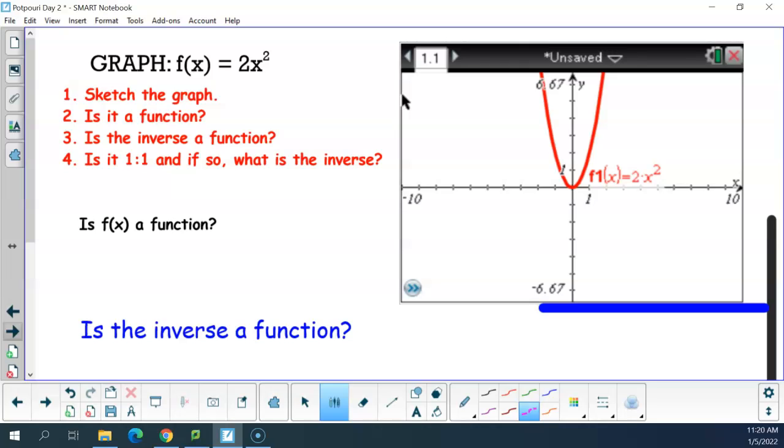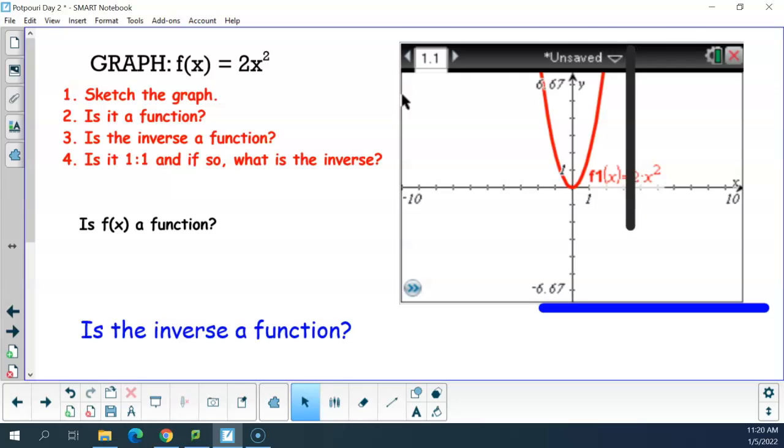My question to you is this: is what I'm looking at a function? How do I test it? The vertical line test.